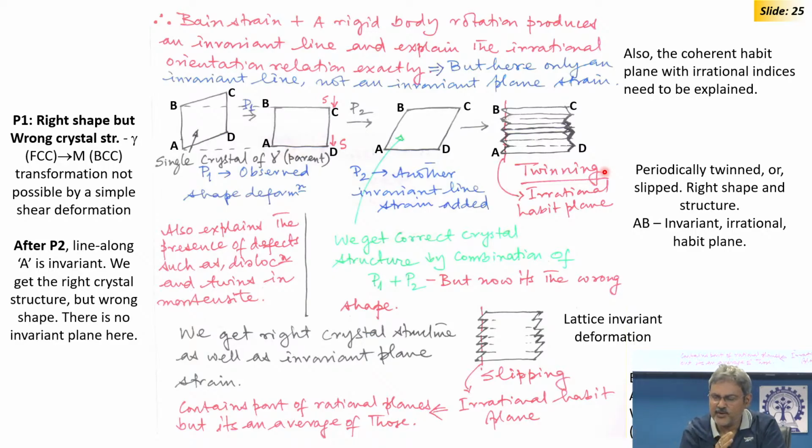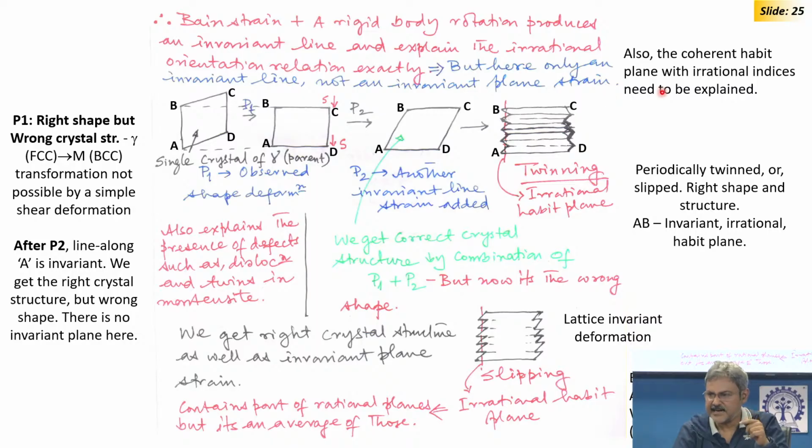Second thing, we could not explain the irrational habit plane. The previous calculation perfectly explained your structural change and orientation relationship. The orientation relationship, after the rigid body rotation you get the right orientation relationship. But two things you cannot explain.